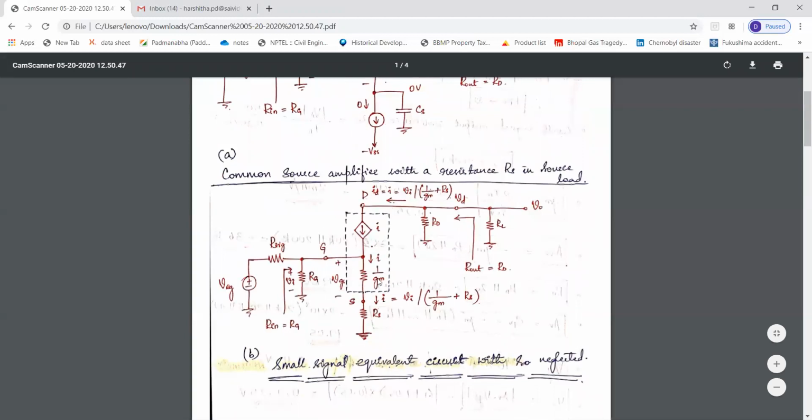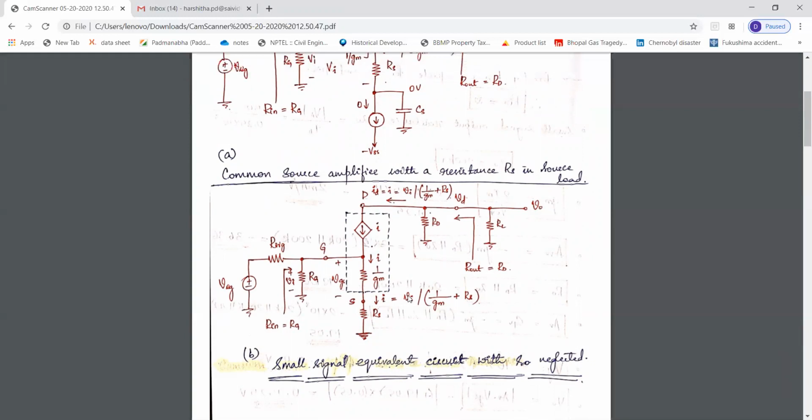Here I is equal to V by R, isn't it? So V is nothing but Vi here. Vi divided by 1 by gm plus RS, because these two are in series. In this configuration, the drain current flowing here is equal to the current I flowing here.